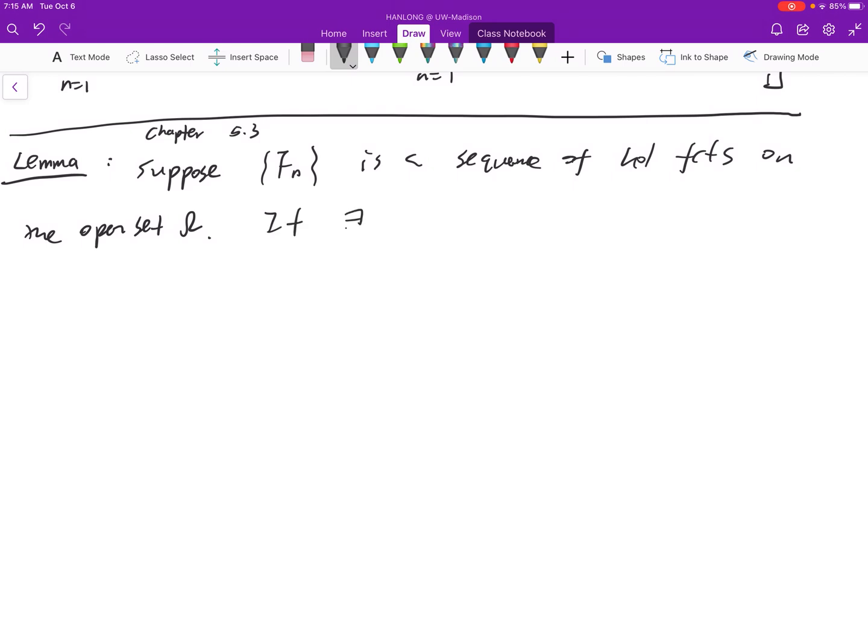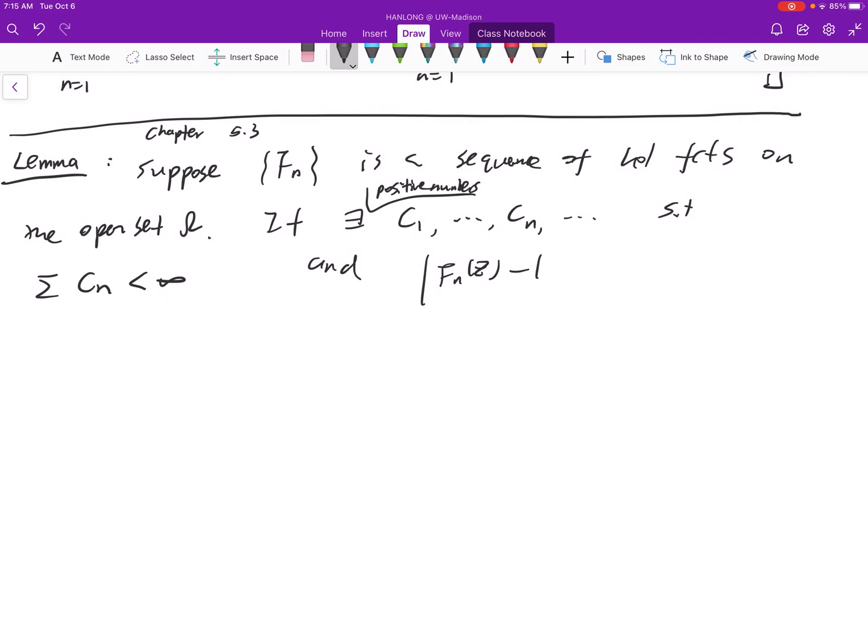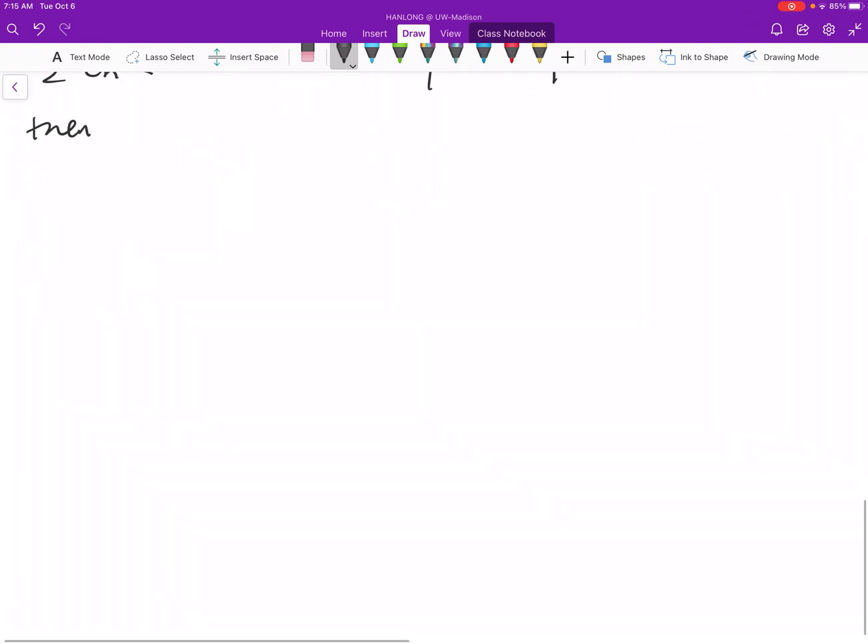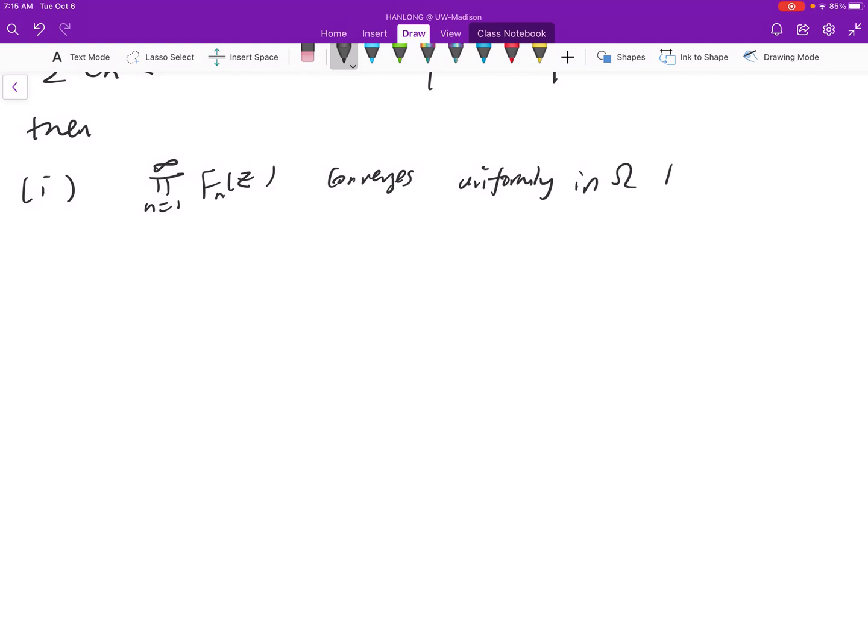If there exist positive numbers C1, C2, ..., Cn such that the summation of Cn is less than infinity and the absolute value of fn minus 1 is less than Cn for all z in omega, then similarly we have the product converges uniformly in omega to a holomorphic function f of z.